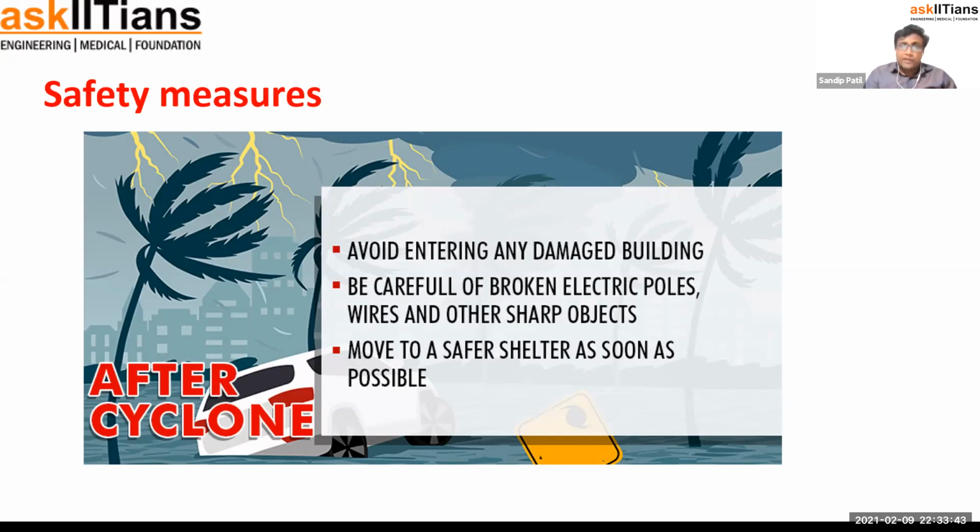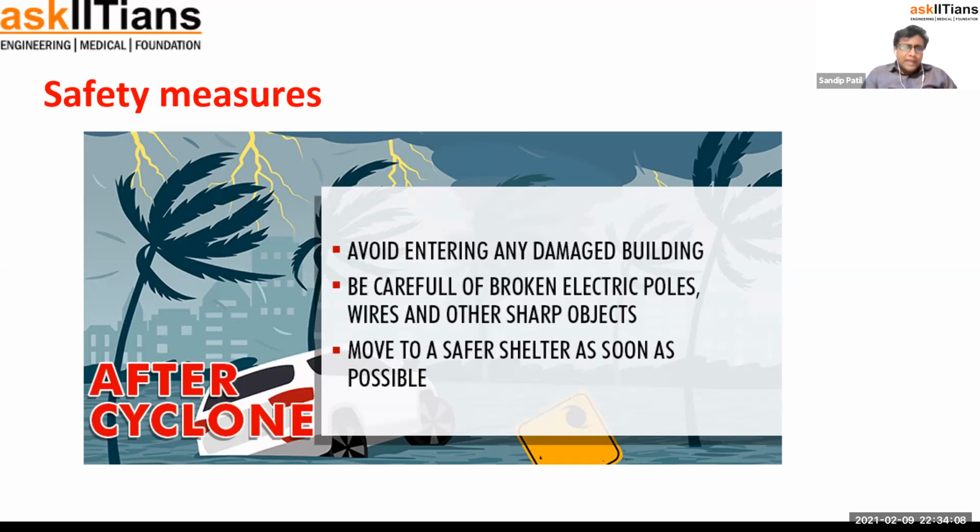So it can also damage the building. Whenever you are entering your home, check whether it is damaged, because it is possible that after some time it will fall. So that's not good. First of all, check whether the building is damaged. If it is good, then yes, you can go. But if it is damaged, don't enter the building.